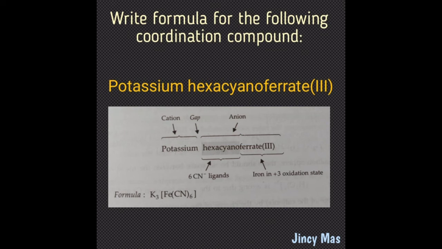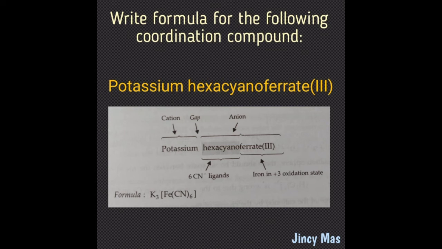So hexacyanoferrate, we have hexacyano, 6 cyanide ligands, 6 CN minus ligands and iron in plus 3 oxidation state. So the total charge on this coordination compound becomes 3 minus. That is why it is written as ferrate, hexacyanoferrate.